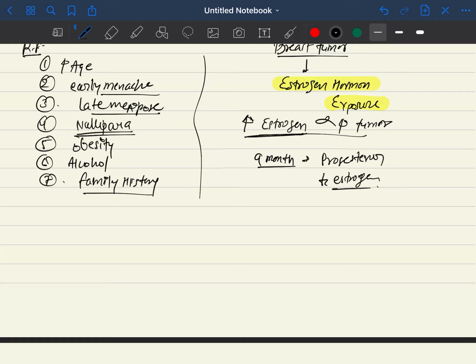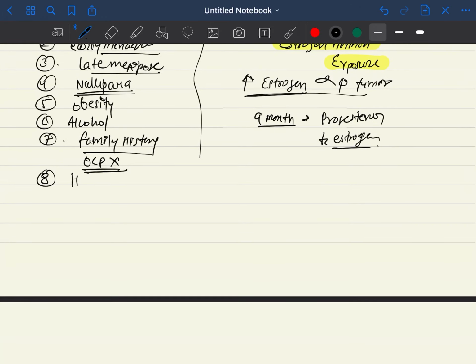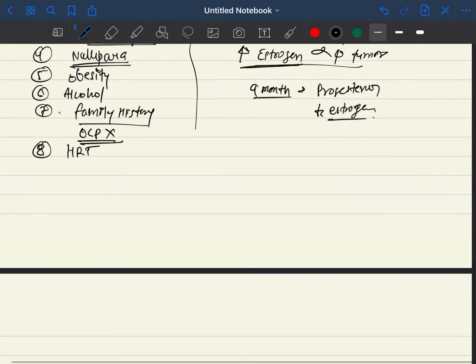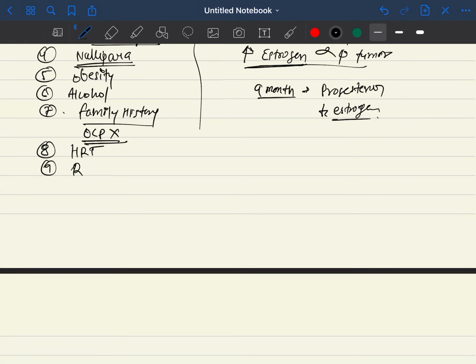Okay, and also hormone replacement therapy increases the risk, but oral contraceptive pills do not increase the risk. Also, as you all know, radiation therapy increases the risk.